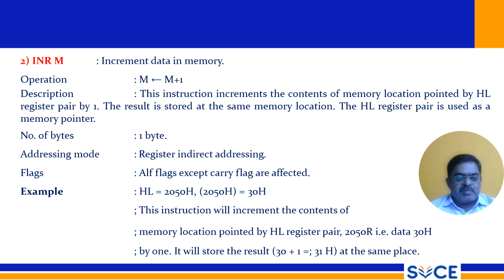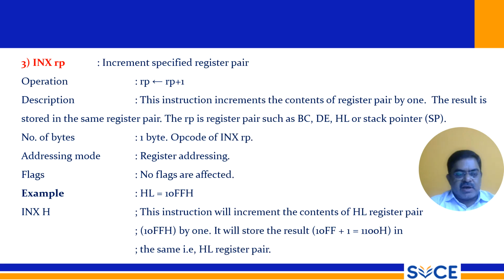It is the same as the earlier one. If 2050 has 30H, this content will be incremented by 1, so it will become 31H. So that is INR M.